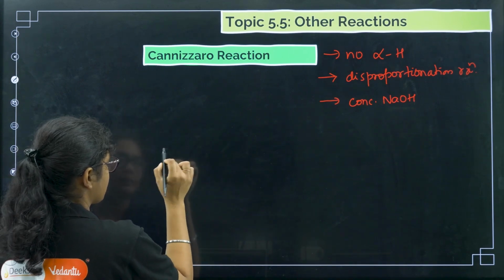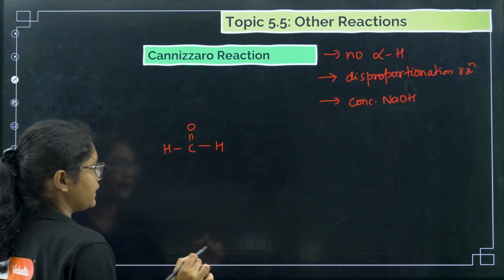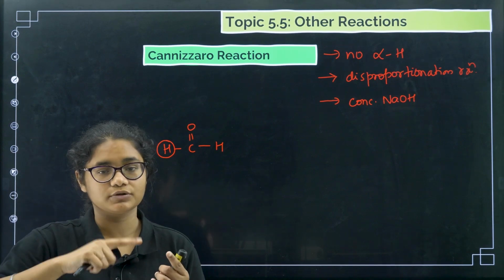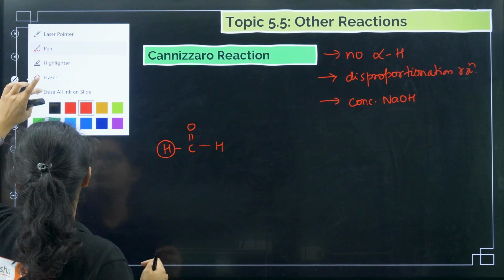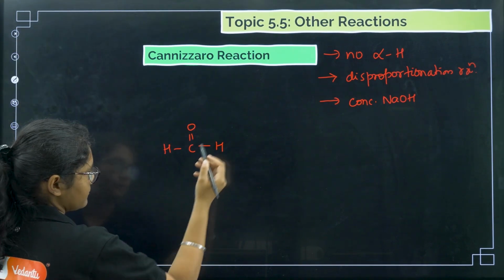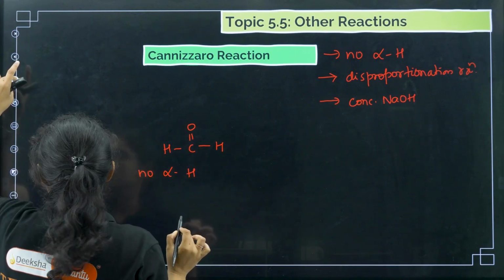Now let me take one example here. So if I have this one, HCOH, right? So this has no alpha hydrogen. Alpha hydrogen is the hydrogen attached to the carbon next to the carbonyl group. So there is only one carbon, so this compound has no alpha hydrogen, so this can show Cannizzaro reaction. So what will happen here?